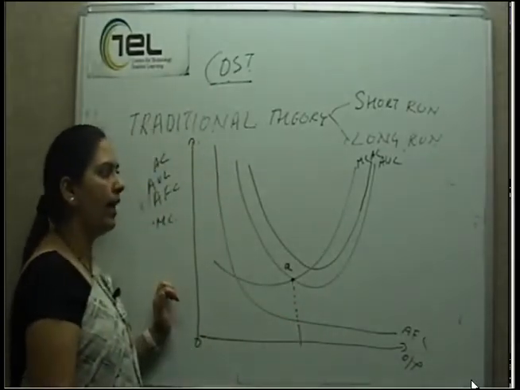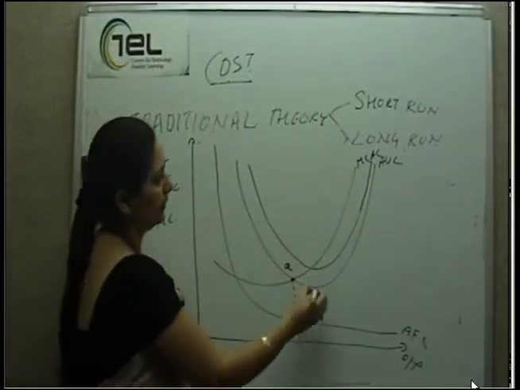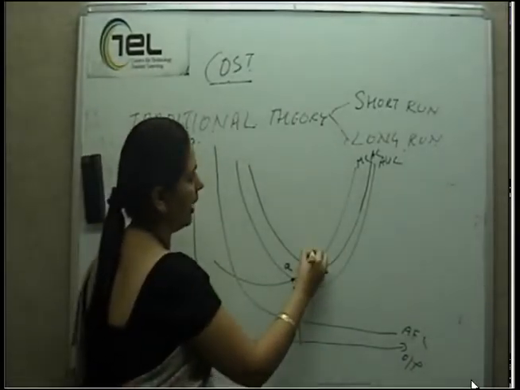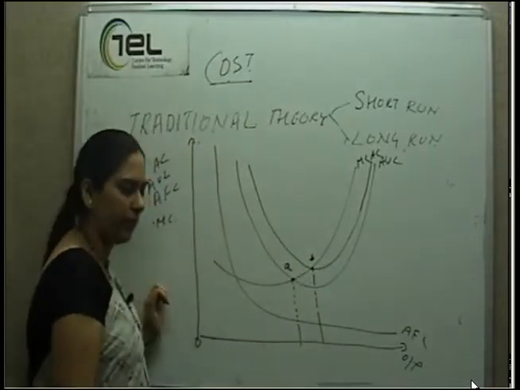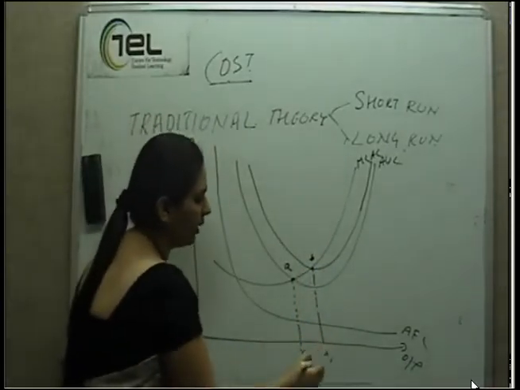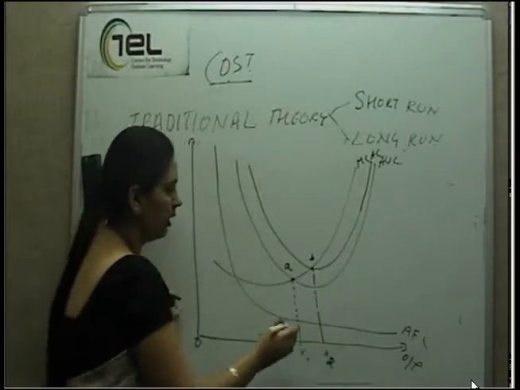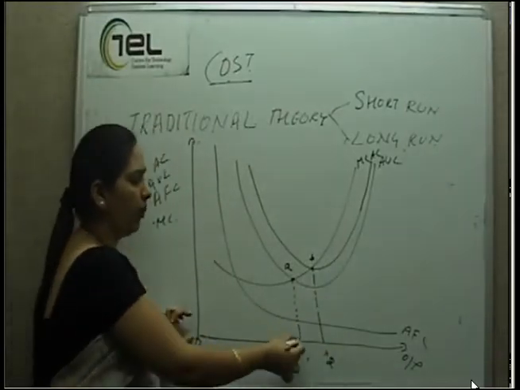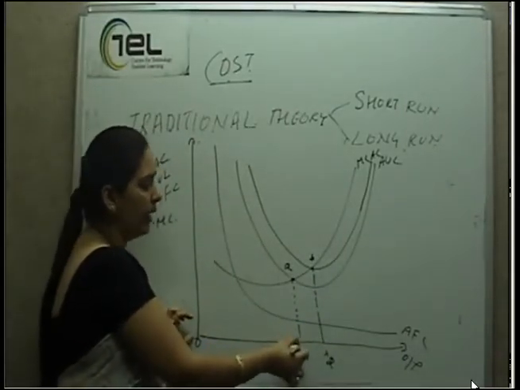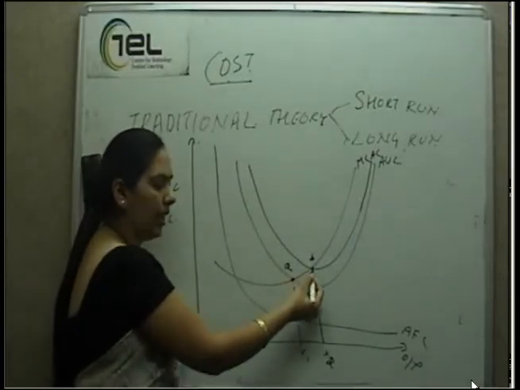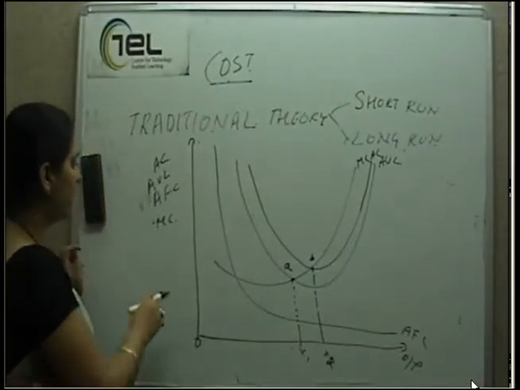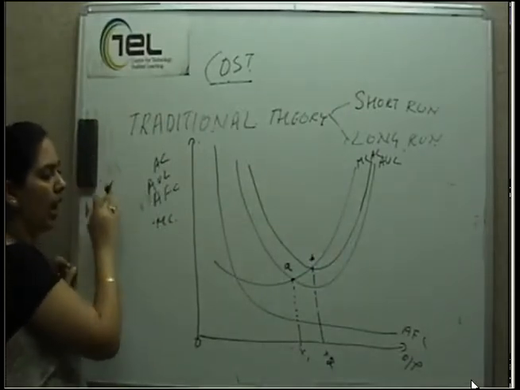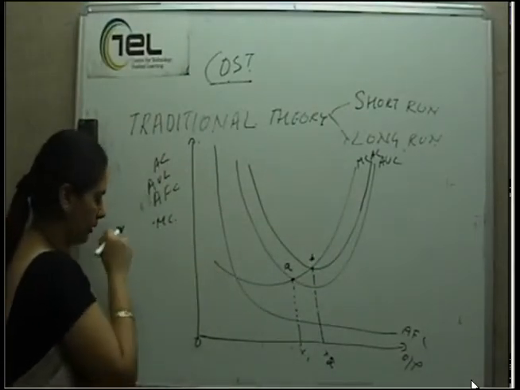Second, the point where MC cuts AC, I will name as B and extend to the x-axis. Now, my first stage will be from the origin till the level of A. The second stage would be between A and B, and the third stage would be after point B. So now stage-wise we will be discussing how different curves are working.